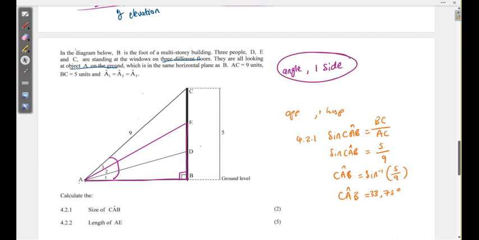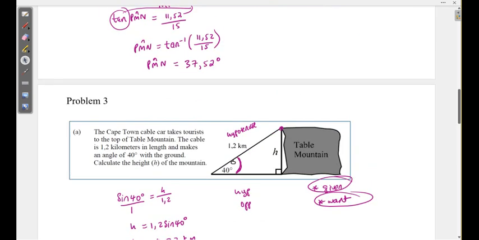Once you have this, you are okay. If you don't have one angle and one side, at least have two sides on that triangle. All the problems you're going to work with, it's either you have one angle and one side or two sides. Let me show you here. You see here we had one angle and then we had one side, isn't it?